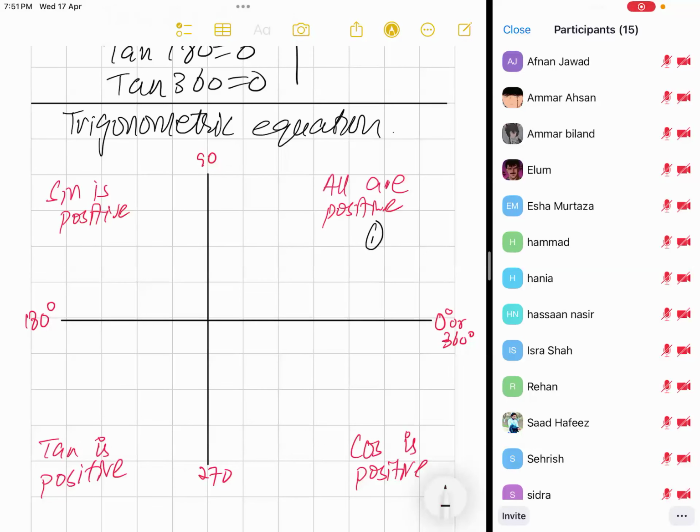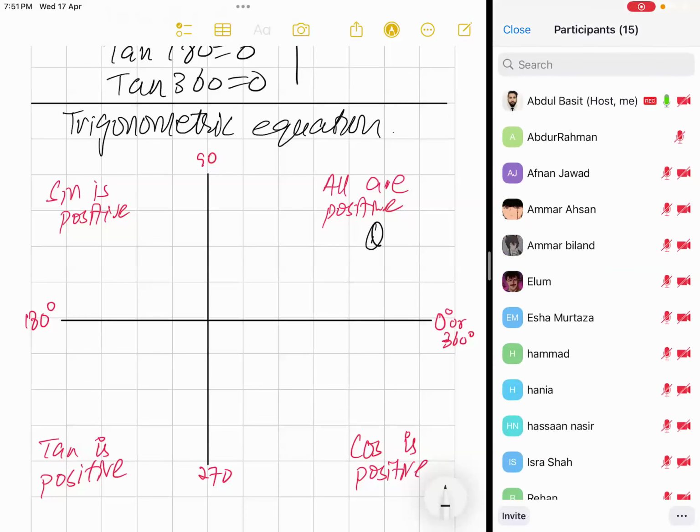So beta, you can check in the calculator. Check tangent 30. Tangent 30 is what, beta? Tangent 30 is how much? 0.57. It's positive.